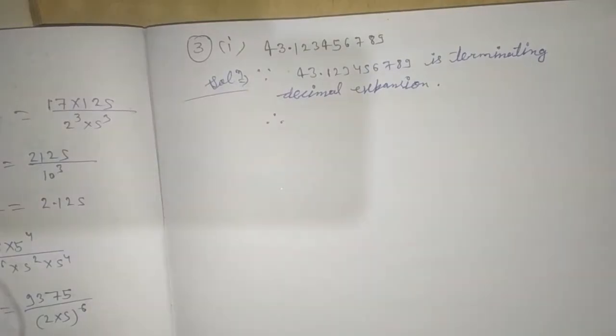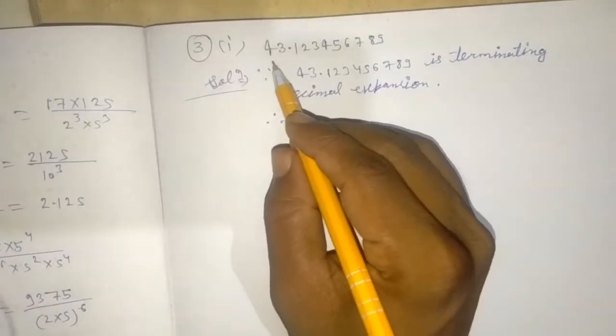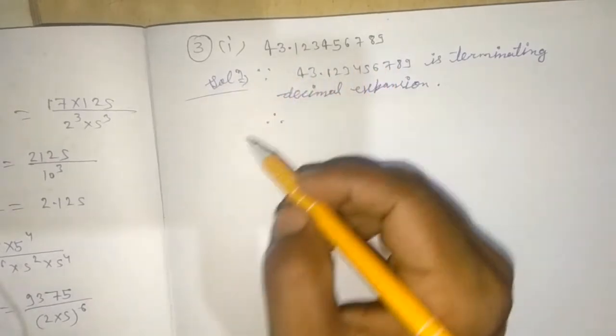we know from class 9 that the decimal expansion of a rational number is terminating or non-terminating repeating. Here we can observe that this decimal expansion is terminating.